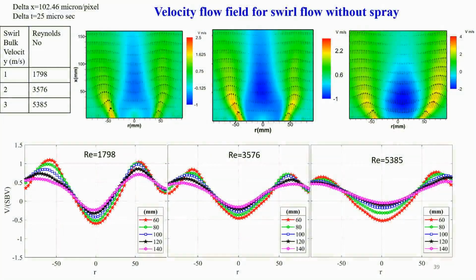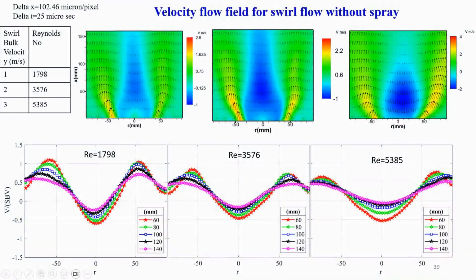We measured the velocity using the PIV. Here we can see that as the Reynolds number of the flow through the cylinder increases, the recirculation zone increases. I mean, here we can see the negative velocity also showing.